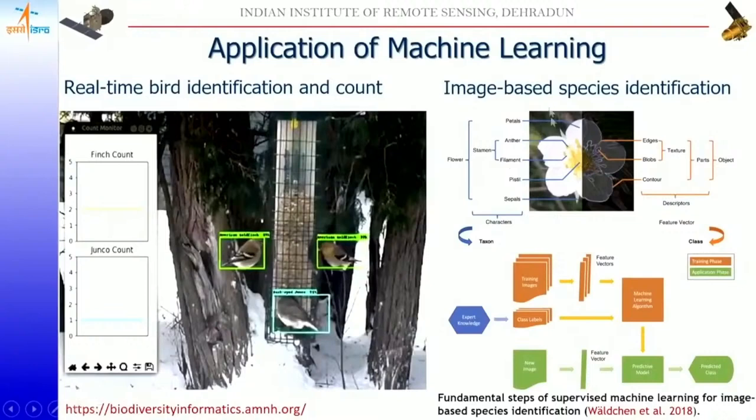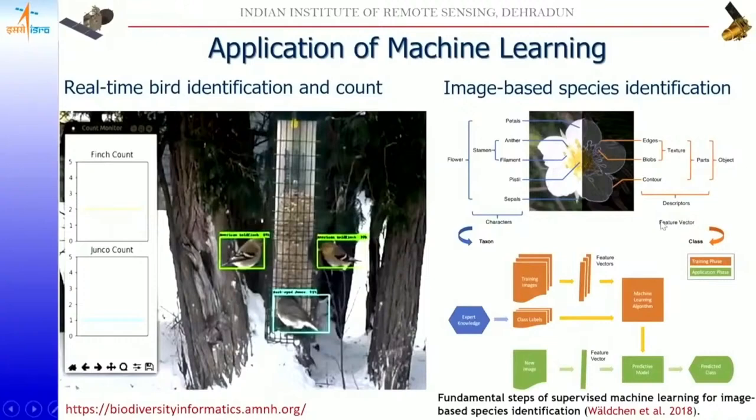Here the machine learning tools are important, because what we see as taxonomy in a flower part, the machine learning application takes as vector data. Based on the patterns, the edges of a particular petal, the texture and contours, it identifies the flowers of a particular species or the character of a particular species.